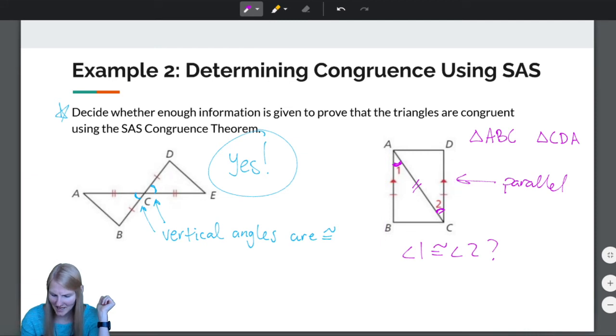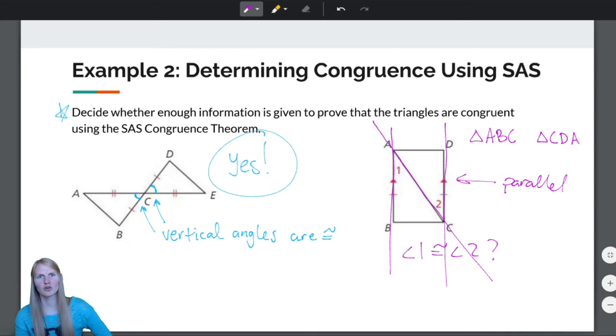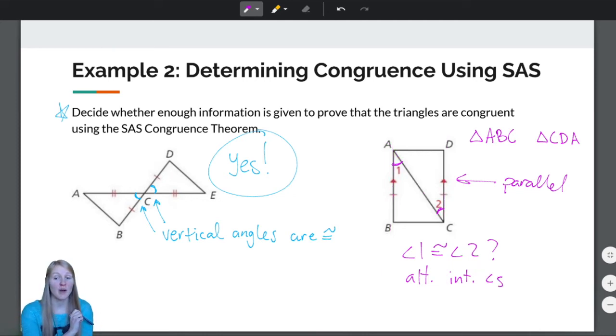And hey, if these lines are parallel, that means that AC could act like a transversal. Remember your chapter 3. So angle 1 and angle 2, these would be alternate interior angles. If the lines are parallel, then alternate interior angles are congruent.